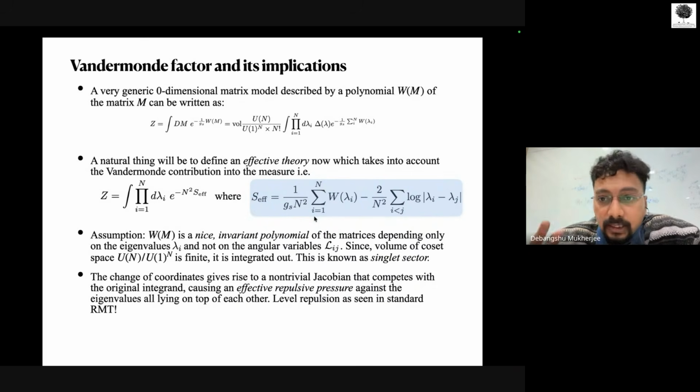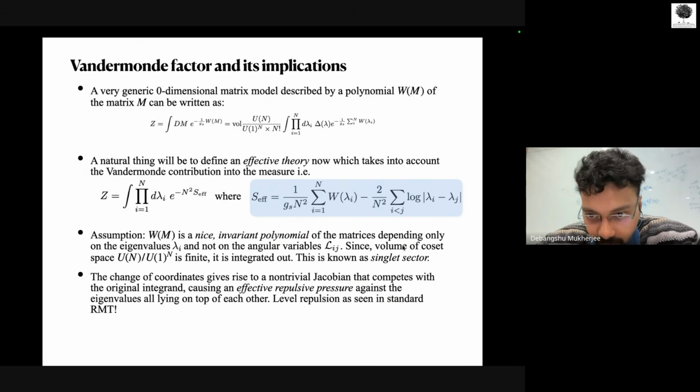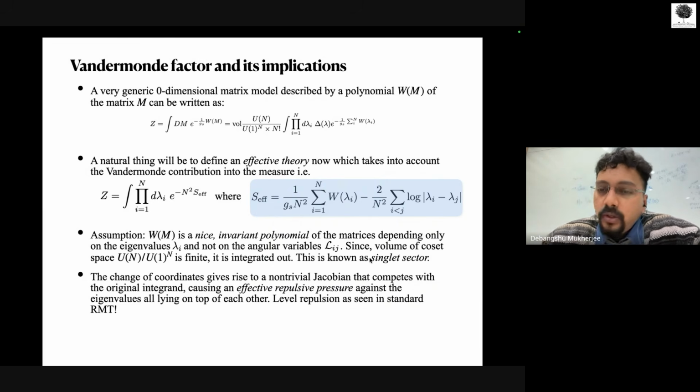Now, there are a couple of interesting things. Number one, which I just discussed, is that W(M), because it is nice and it's an invariant polynomial, depends only on the eigenvalues lambda_i, and not on these angular variables. So doing this process where I stick only to observables which depend strictly on my eigenvalues has a fancy name. It's called sticking to the singlet sector.